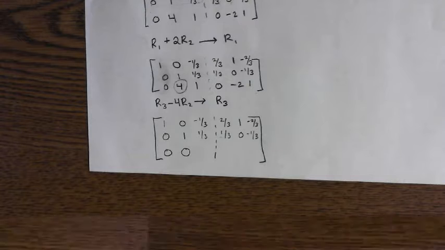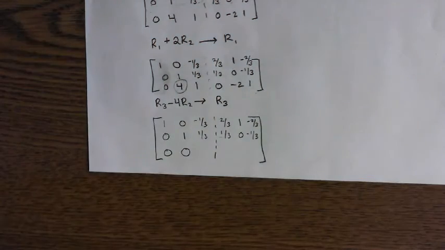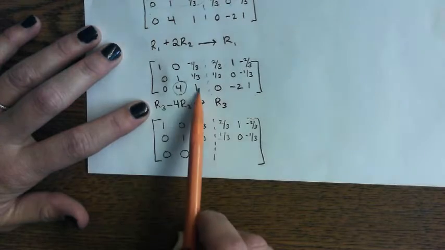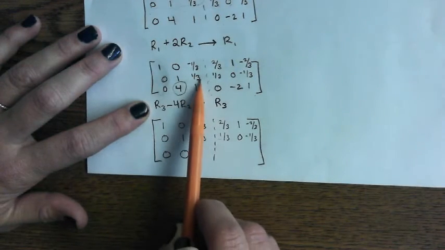This one's kind of a bummer, but it'll be easy to fix because when you're trying to get 1, so it already was a 1, which was nice, but because we have to move column by column and achieve what we want, sometimes this happens, but again, it'll be a quick fix on the next step. So row 3, which is 1, minus 4 times a third. 4 times a third is 4/3, right?